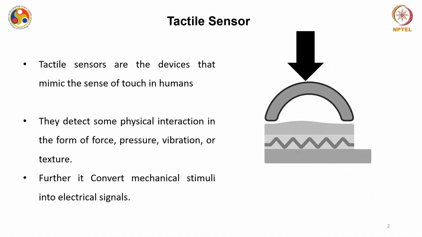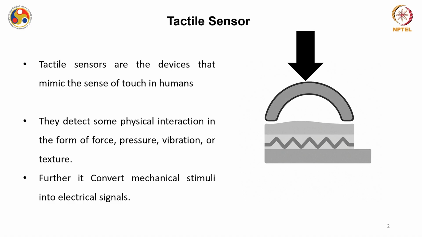But it has to be very precise and fast enough to detect within say a millisecond or even a fraction of a second. So, they are devices that mimic the sense of touch in humans.